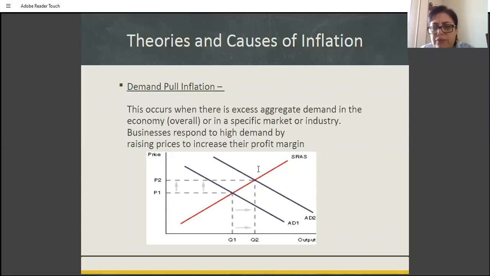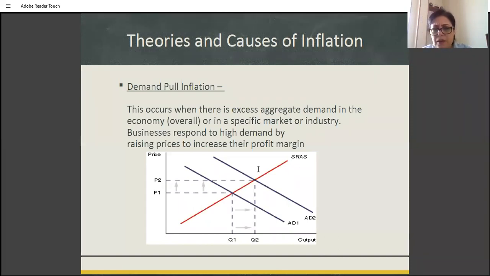So as a result, we have two intersection points. The first one is associated with price level P1, which is significantly lower than the new equilibrium price P2. Look, the amount of output goes up, and at the same time, the price level also increases.